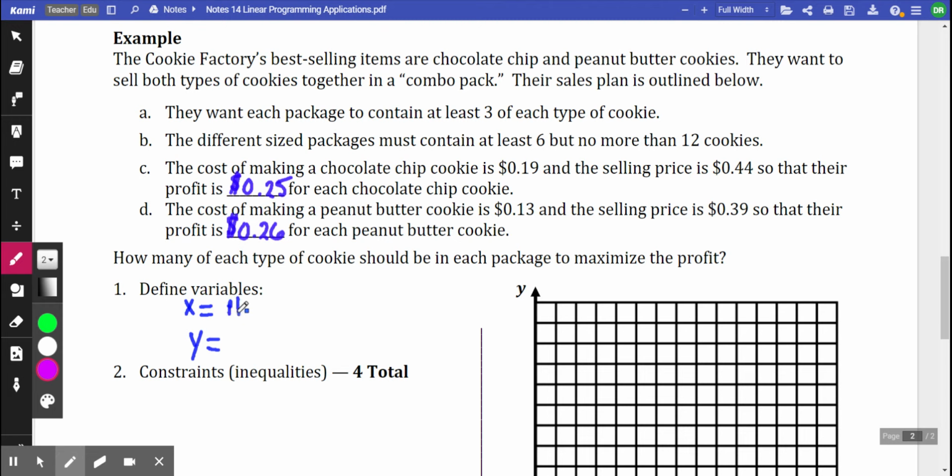So we can very simply word that as: let X represent the number of chocolate chip cookies. And Y can be our number of peanut butter cookies.